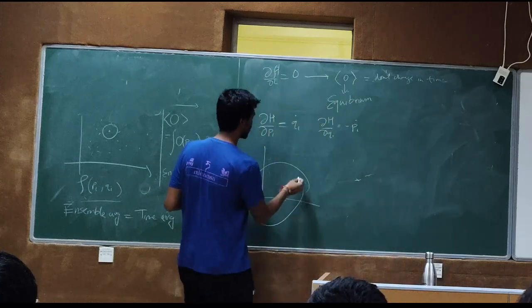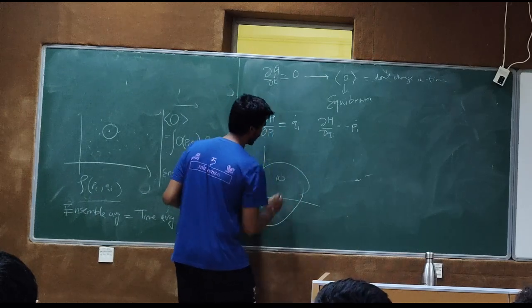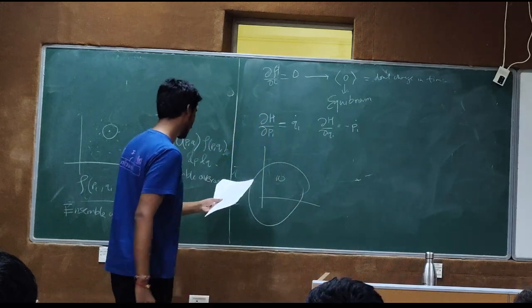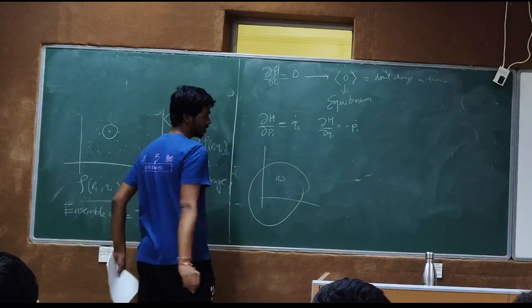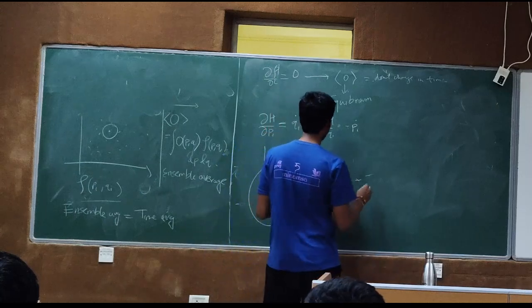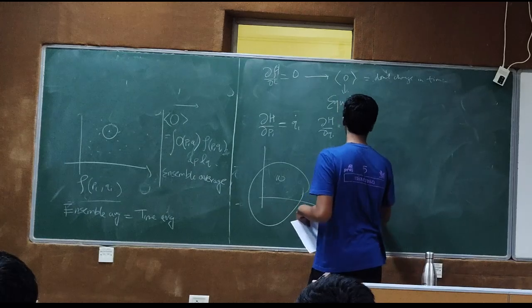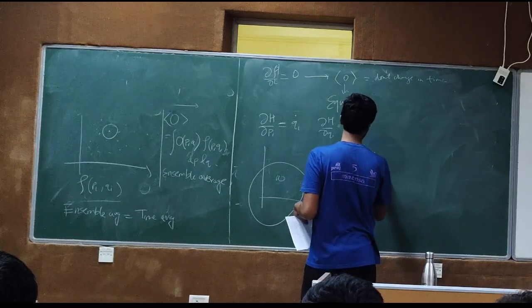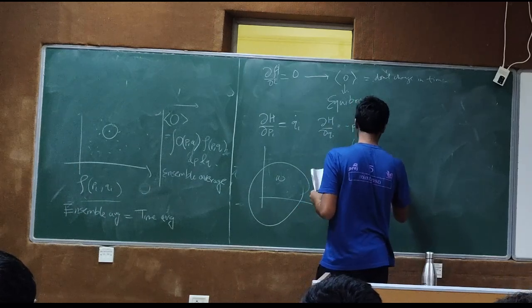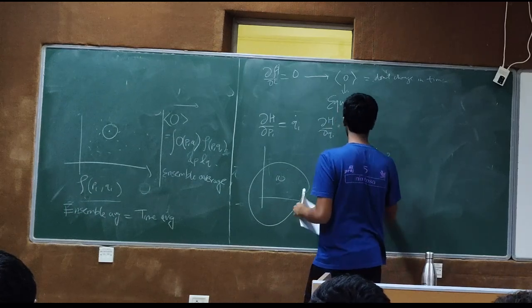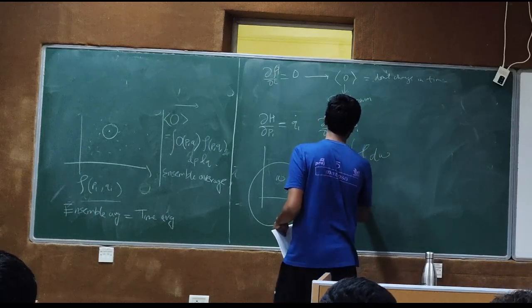So let us consider a volume in the phase space, and let us call the volume omega. So there will be some number of points in the phase space. The rate at which the number of points changes inside the volume is what we want.